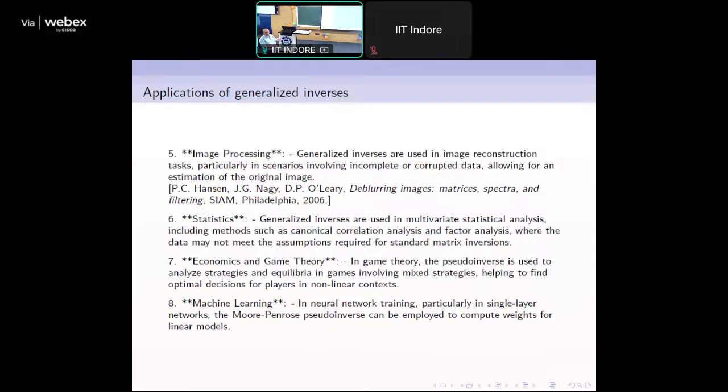A color image is represented as a tensor, with three times something. And if we have a representation of the picture in matrix form, then we can represent some damages to the picture in matrix form also.